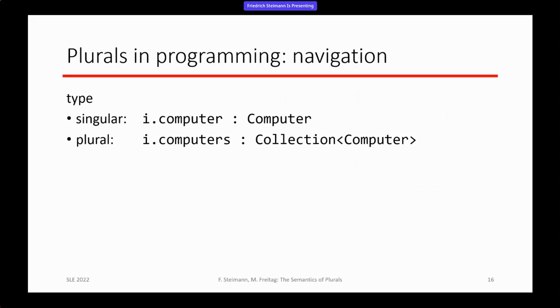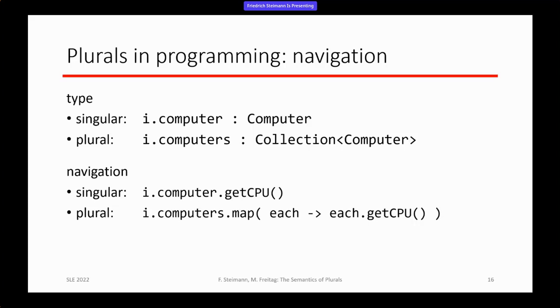So when I navigate in object-oriented programming, then again here, for your memory, my computer is a singular of type computer, and my computers is also a singular, but of a different type, collection of computers. When I navigate these expressions, I can write my computer get CPU to get to the CPU from my computer, but in the plural case, I need to employ a construction like this one.